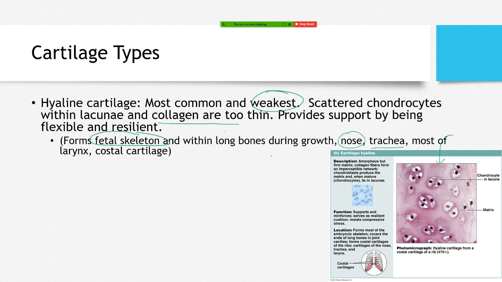Most of our larynx is going to be made of this hyaline cartilage, and then we have something called costal cartilage. Costal means the ribs, okay? But be careful, because the ribs themselves, are they made out of cartilage? No, they're made out of osseous tissue or bones, right? It is a bone. So these costal cartilages are going to attach the ribs to your sternum.